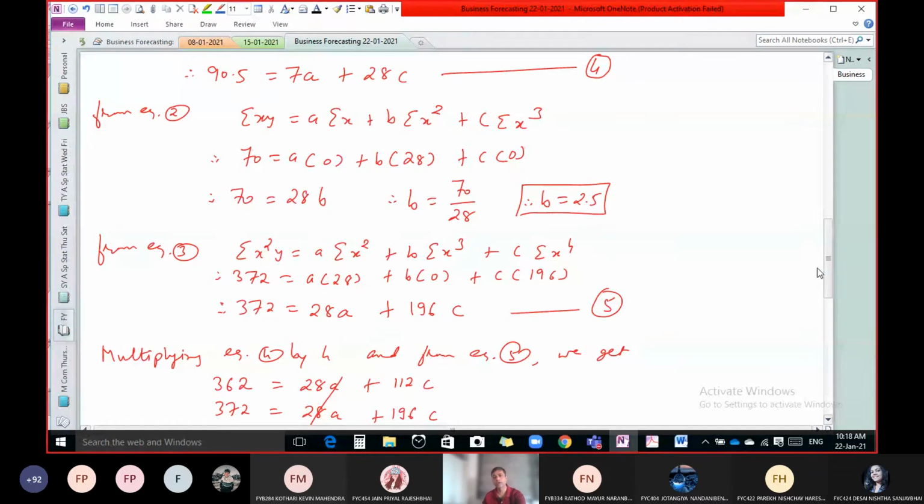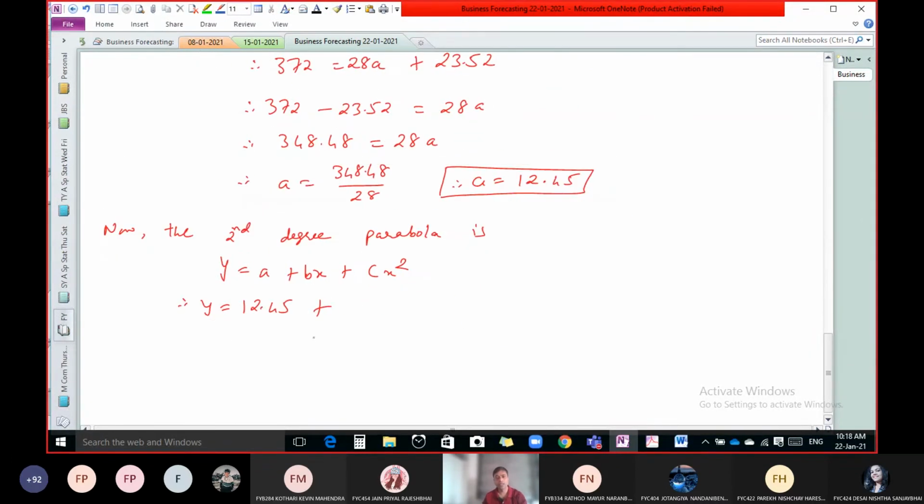Check it, 2.5. So b is 2.5. And what is our x here? It is year minus 1977 plus c, that is what? 0.12. And then x square means year minus 1977 the whole square. And that is our final answer.